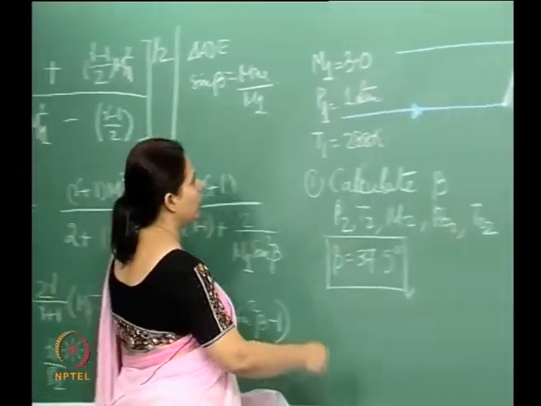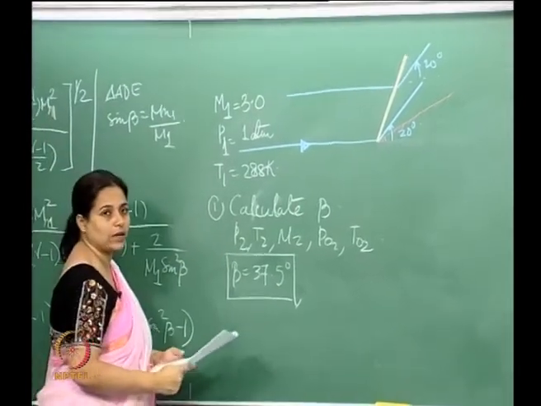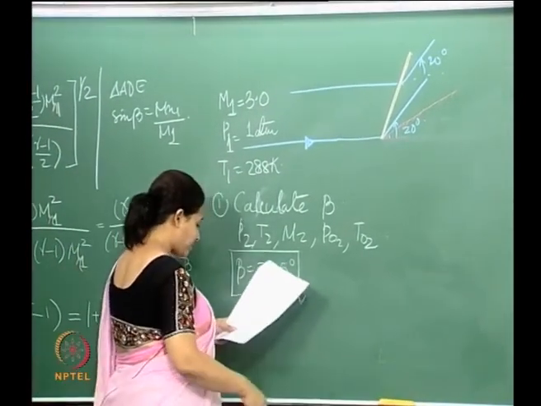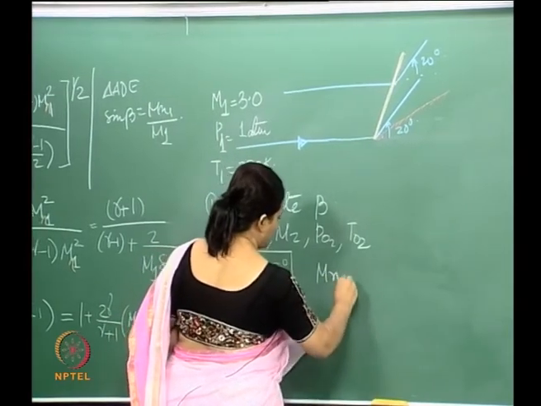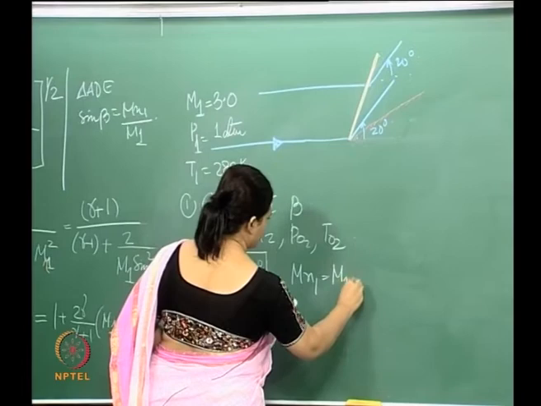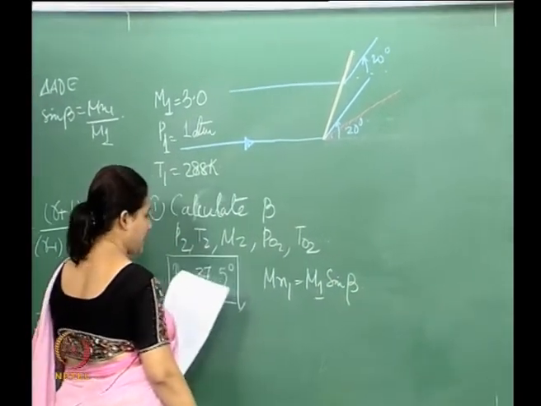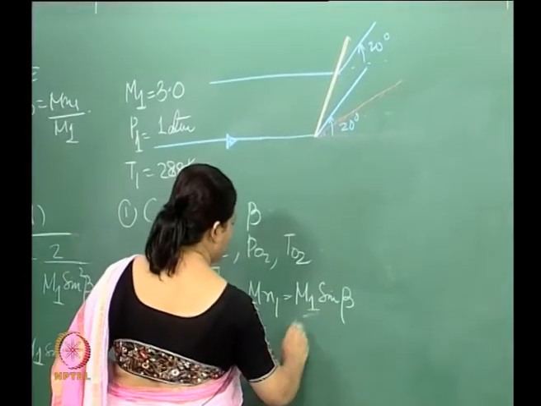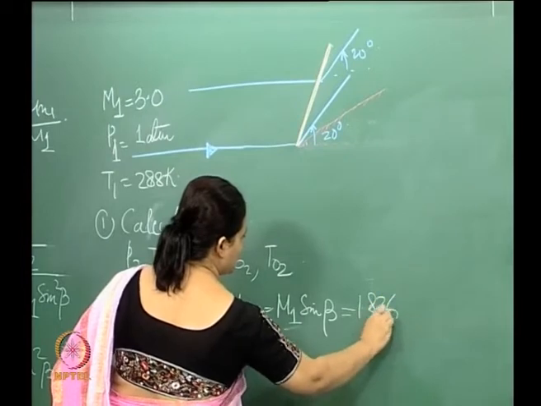Now that we know M1, beta, and theta, how do we calculate Mn1? Mn1 is M1 sine beta, and that is equal to 1.826.